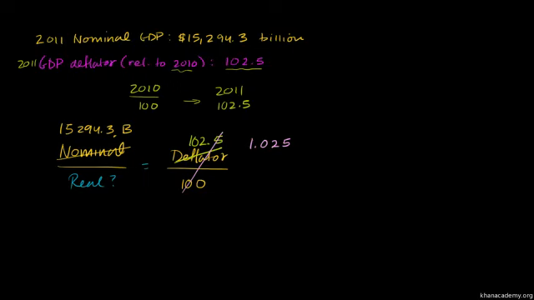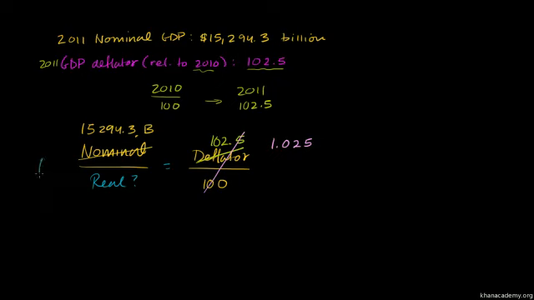So let's do that. Let me scroll over to the left a little bit. I'm going to multiply both sides by the real GDP, and I'm going to divide both sides by 1.025. Now, of course, this cancels with that. That's why I multiplied both sides by the real GDP. And then this cancels with that.